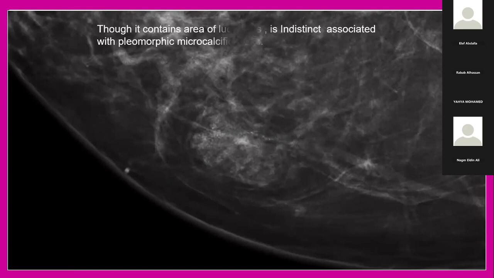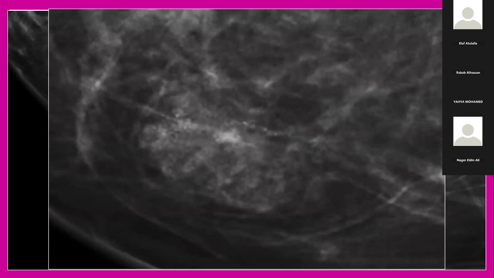So we proceed. Can you see it in more magnification here? With electronic magnification, can you see this linear calcification extending beyond the level of the capsule?